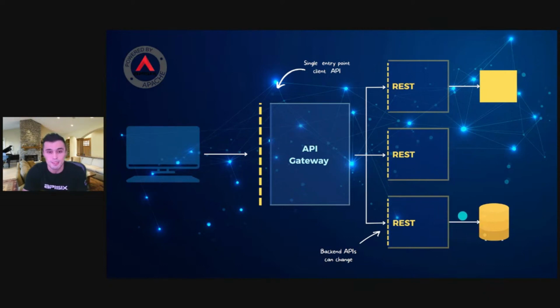These services can be a database or maybe third-party services, serverless APIs, and so on, right? In other words, it acts as a single layer between your client application and your backend services. Those backend services can be REST APIs or gRPC or maybe streaming APIs which use TCP protocol and so on.